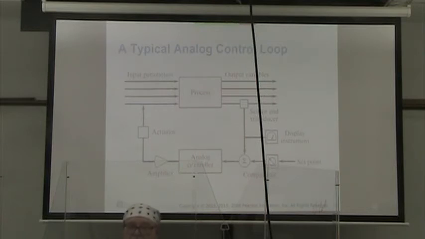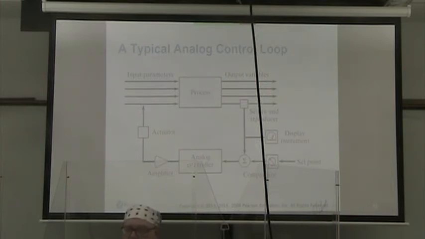All right, so when we're talking analog control, we have our input parameters, our process, and our output variables. Our output variables mean that we have sensors, transducers that are measuring important output variables.